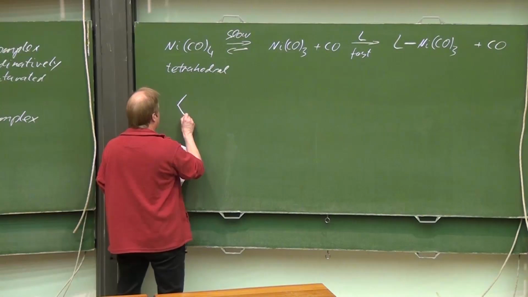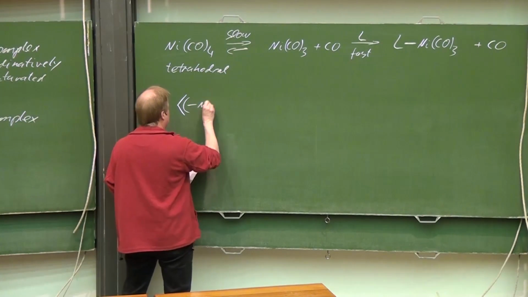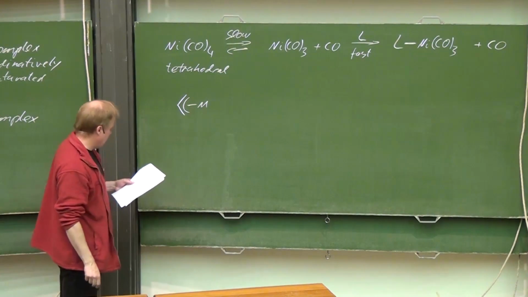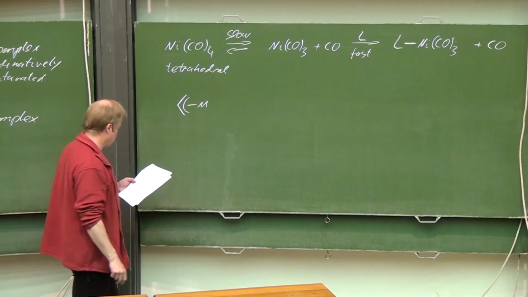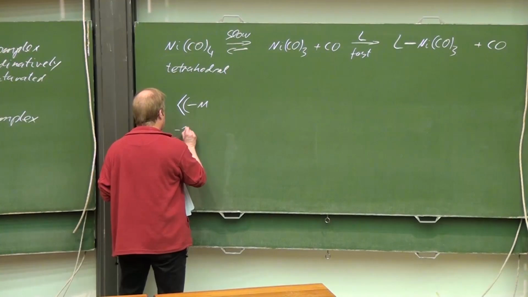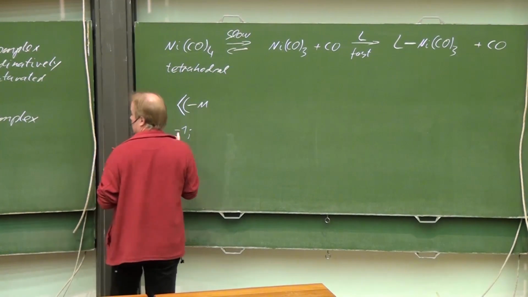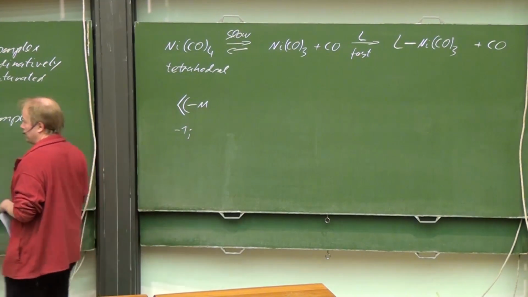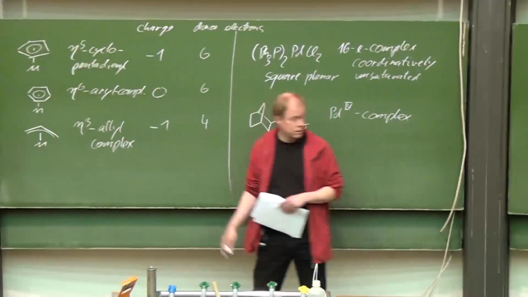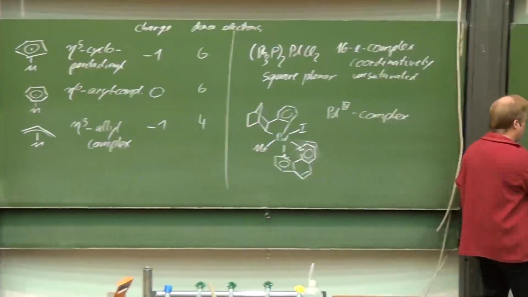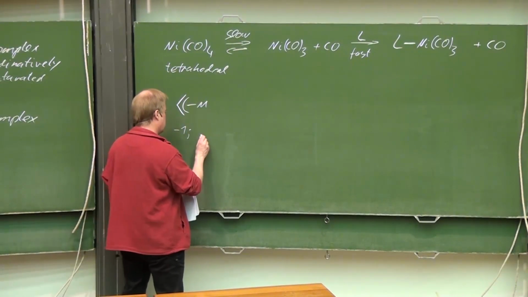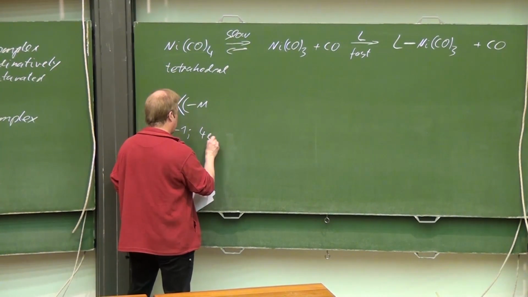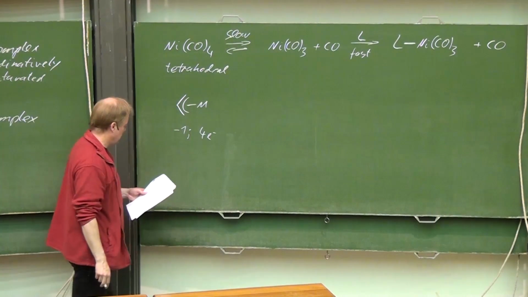Well, let's imagine we have an allyl, an eta-3 allyl complex. As we said already here in that table, we have a charge of -1 for the ligand and 4 donor electrons.